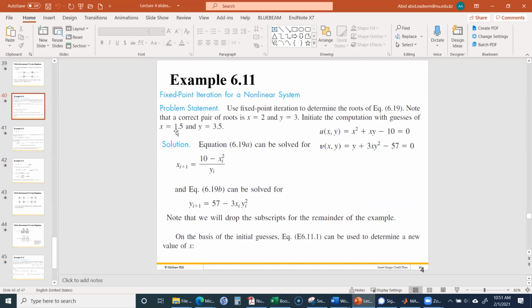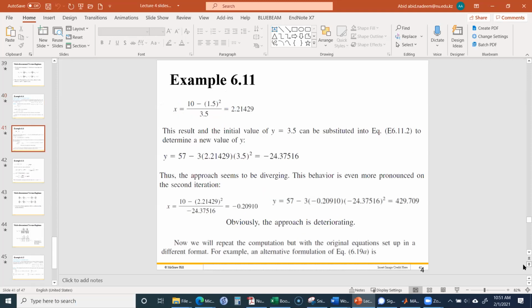For example, in this case, the real values were 2 and 3. If our initial guesses were much farther away from these two values, then with any form of the equation, we may not be able to converge on the solution. So the main point is that our initial guesses should be closer to the true value.